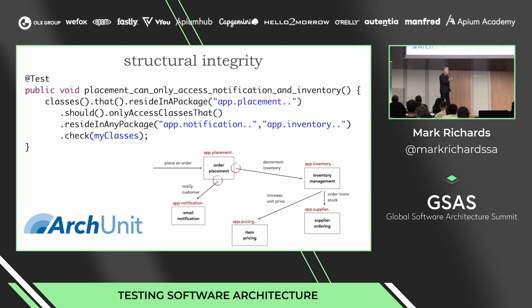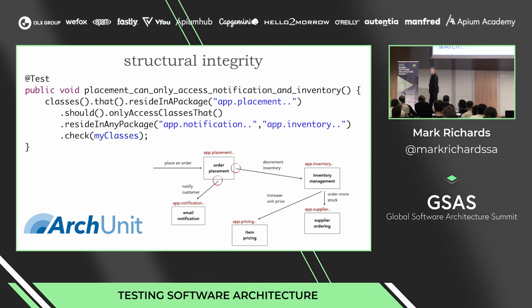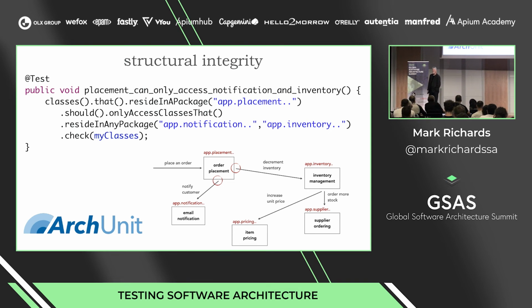It has to do with structure. Classes that reside in a package app.placement should only access classes that reside in a package notification and inventory.check. There's a test I can place into a hook within an IDE, my CI/CD pipeline. Hopefully not a commit, please don't. But this is a triggered fitness function, which I can place anywhere in the development process.